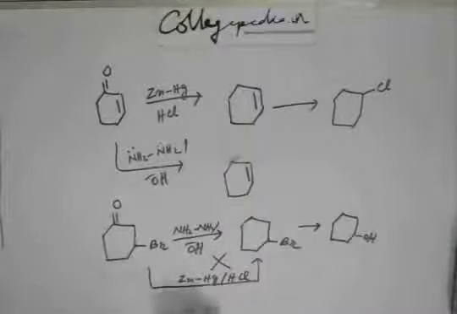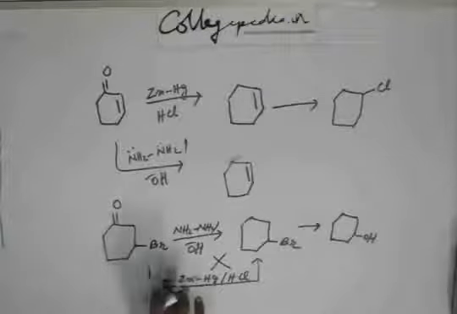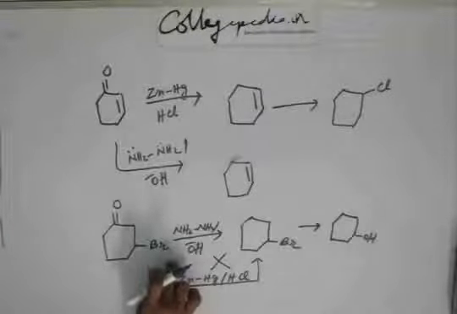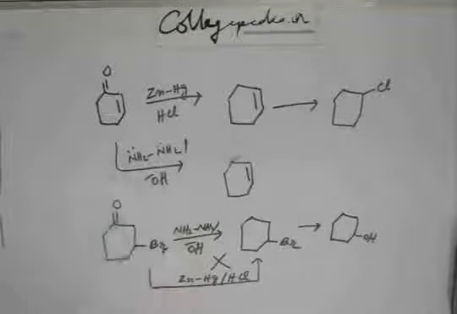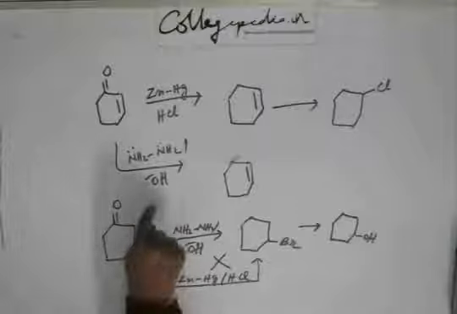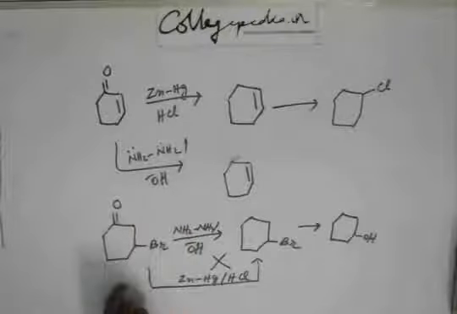So Clemmensen reduction will be more suitable than Wolff-Kishner reduction in this case. Alright, in the earlier case, Wolff-Kishner reduction was more suitable than Clemmensen reduction. So if your substrate is sensitive to basic medium, then don't use Wolff-Kishner reduction. If your substrate is sensitive to acidic medium, then you don't use Clemmensen reduction. So this is the decision that you have to take depending upon the substrate.